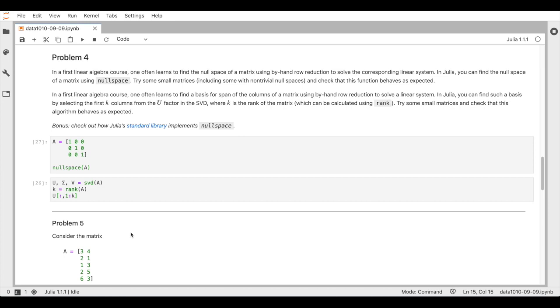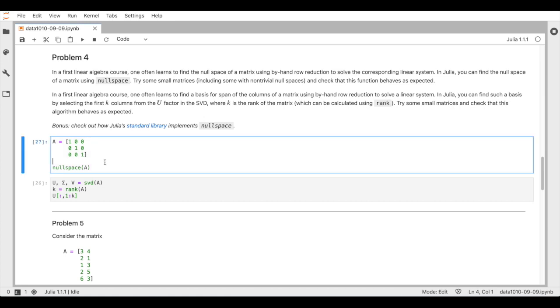You're in most cases doing arithmetic only approximately in the computer, and questions about whether an entry can serve as a pivot when you're doing row reduction become trickier. So a nice robust way to do it is to use the singular value decomposition instead.